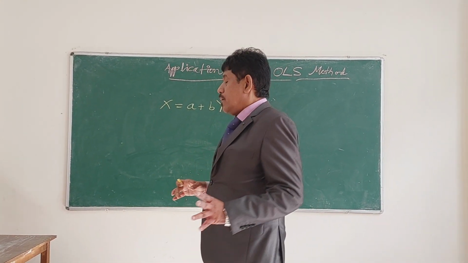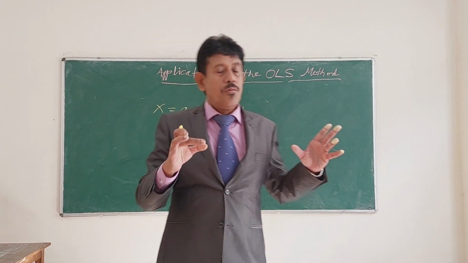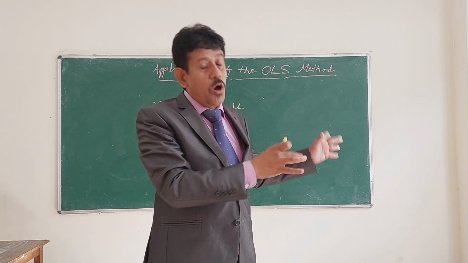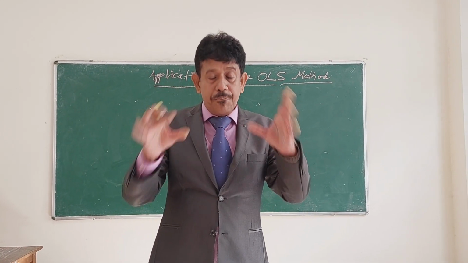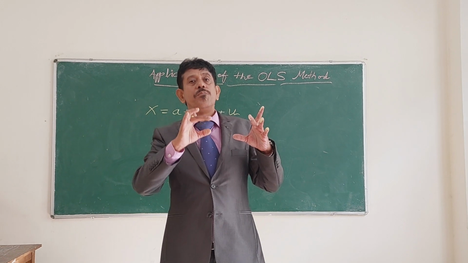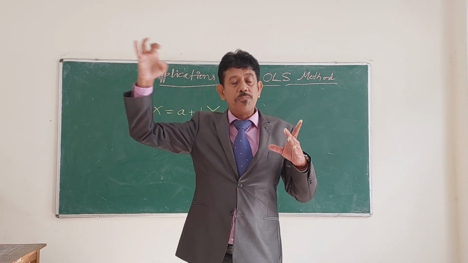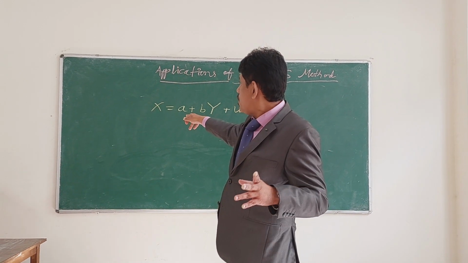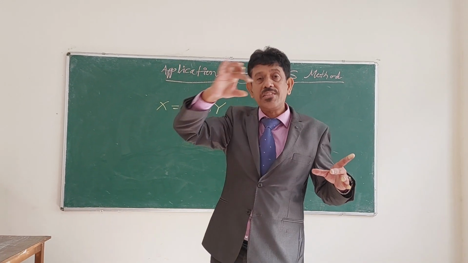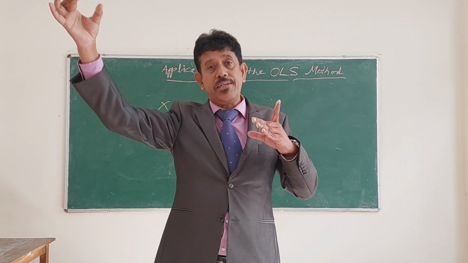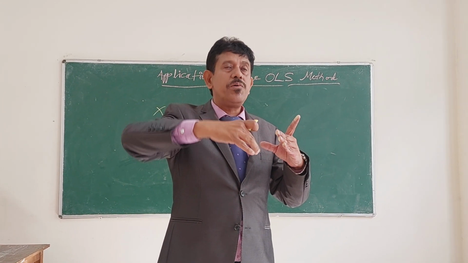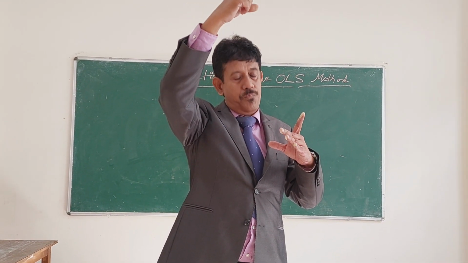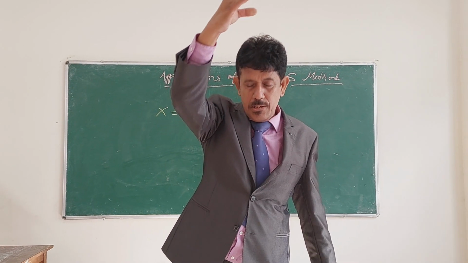Now we have to plot this, we have to represent this relationship by a straight line, because there are different scattered points. For one level of income, consumption is one type.